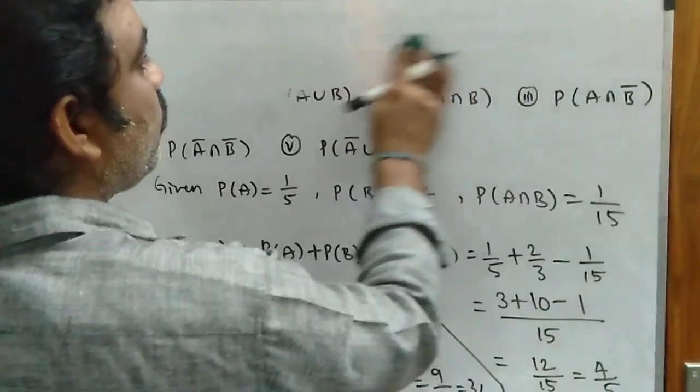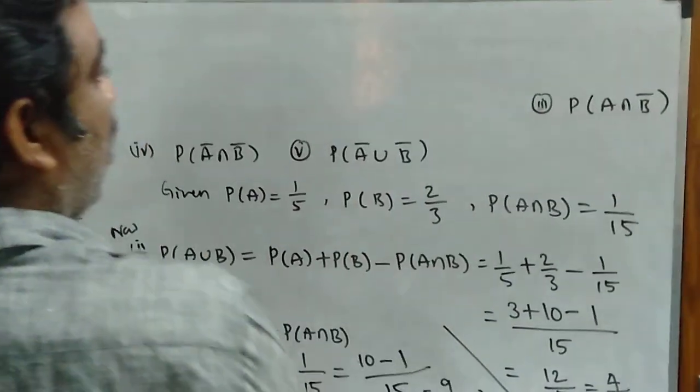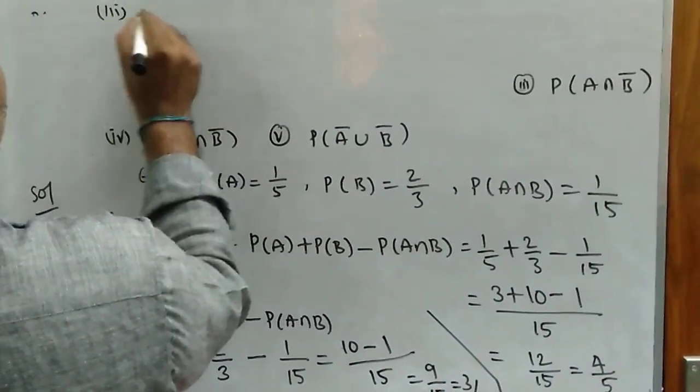So what is the next one to find out? P of A intersection B bar, the third one.